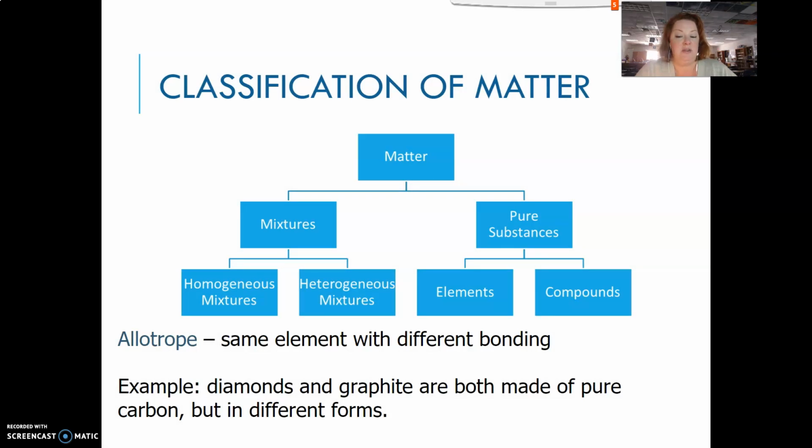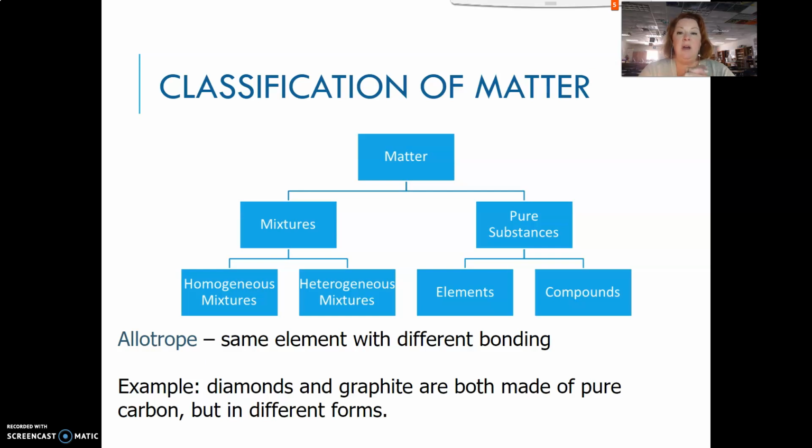So this is interesting. A good little vocabulary word is called an allotrope. It is the same element but with different bonding. Carbon does this. So carbon can bond in different ways. One way that it bonds very strongly in a crystalline lattice would be a diamond. Very, very hard. And we know the physical characteristics of a diamond.